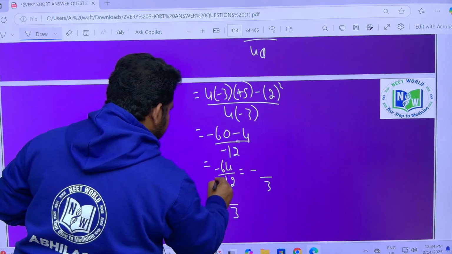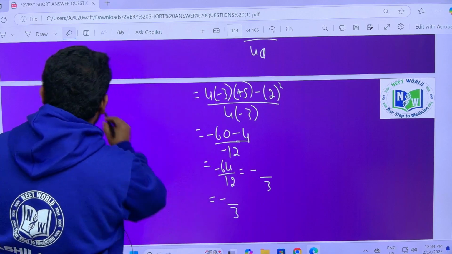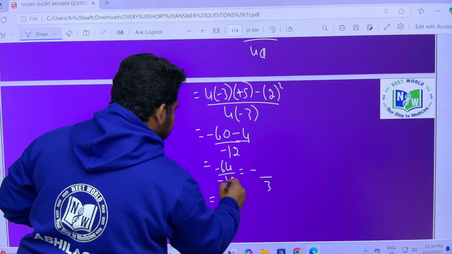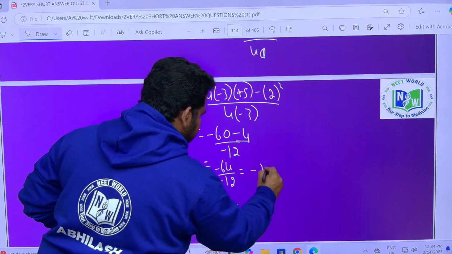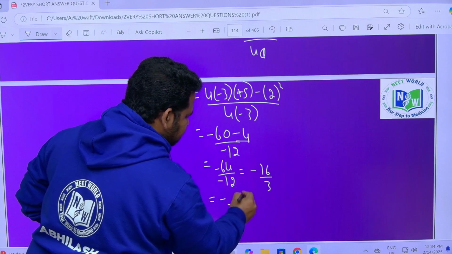Minus minus cancels, so this will be 64 by 12. 16 4s are 64, and 4 3s are 12, this will be plus.